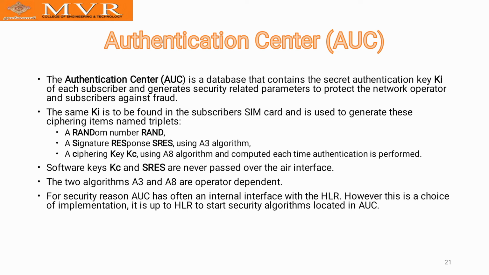Those are a random number, that is RAND, and a signature of response, SRES, using the A3 algorithm. A ciphering key Kc is used for the A8 algorithm and is computed each time authentication is performed.